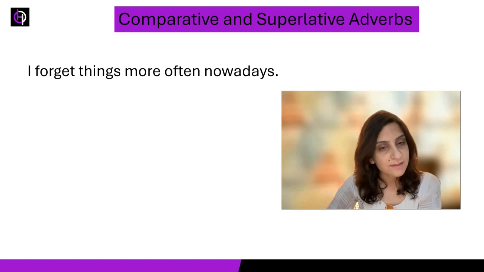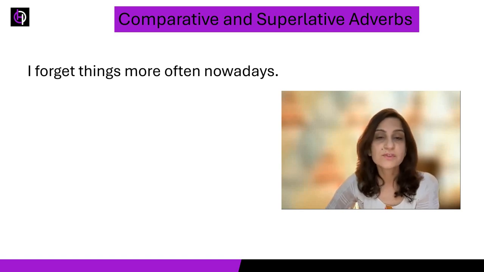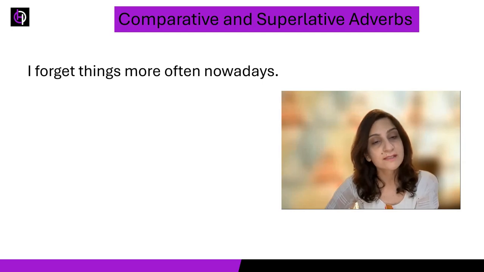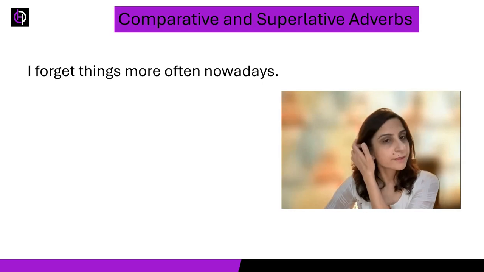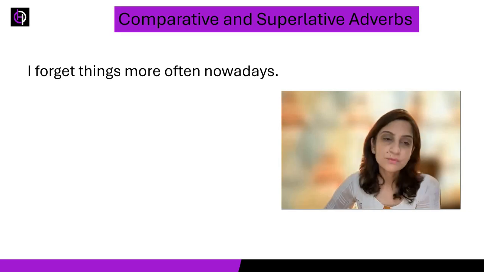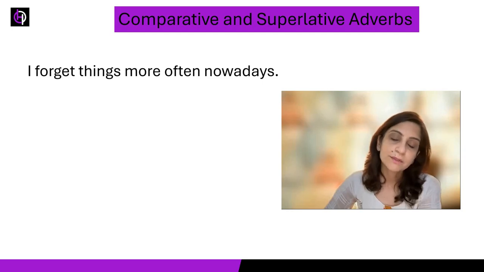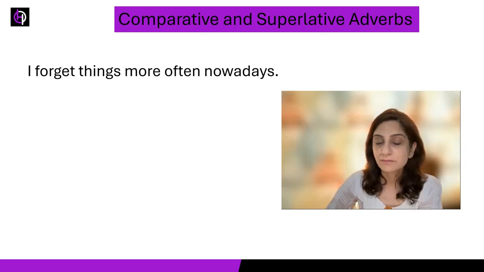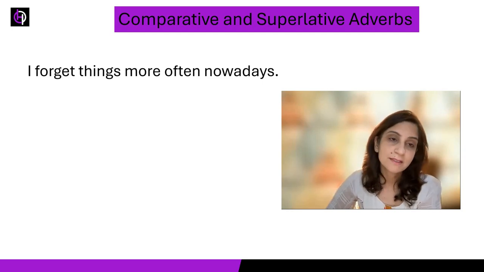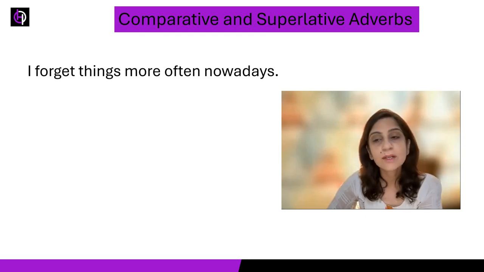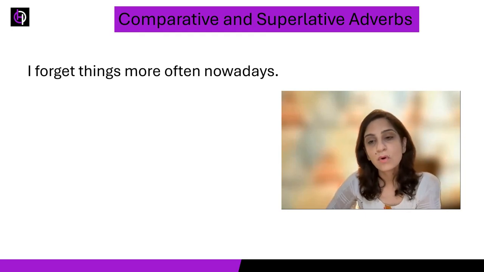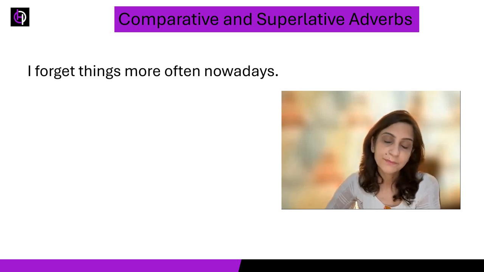This is a comparative adverb that I've used, more often, with reference to my action of forgetting things. So often over here is an adverb. We are using it to add something to our verb, that is forget, the habit of forgetting things. I forget things more often nowadays, which means than earlier days.